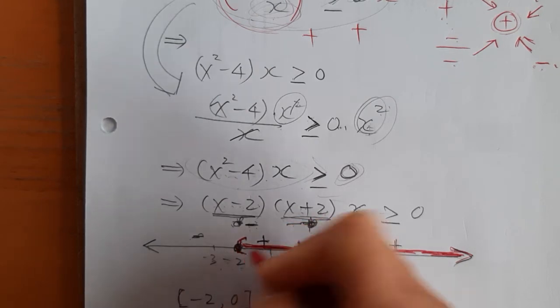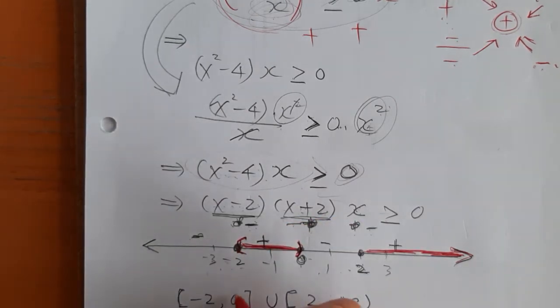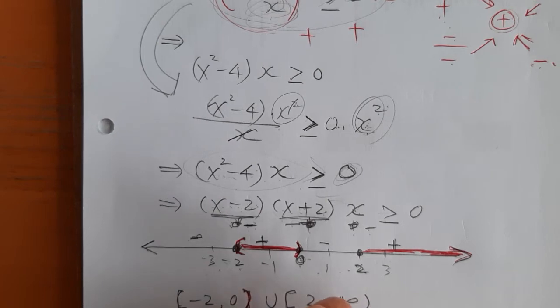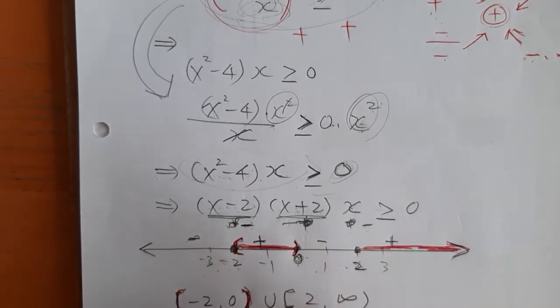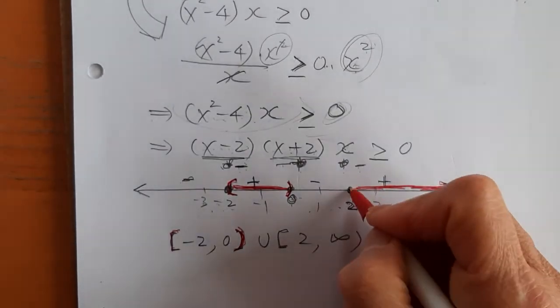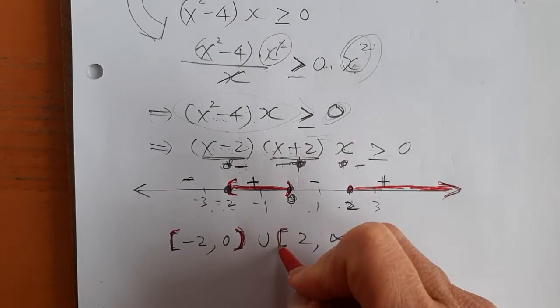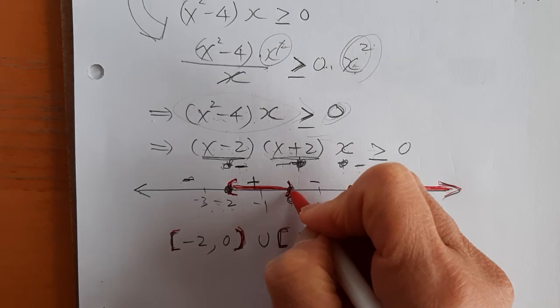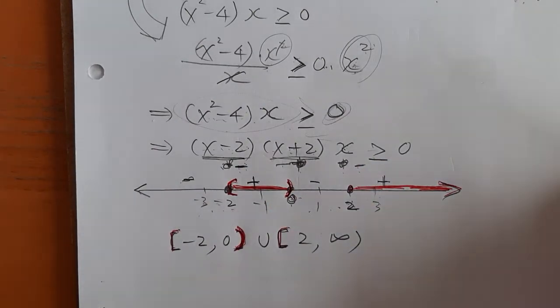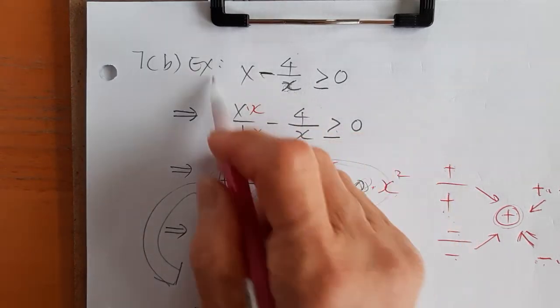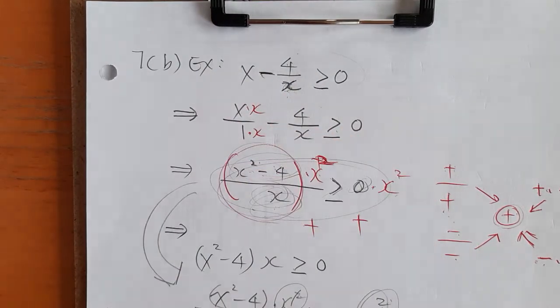So it's not including 0, and at 0 you have to put parentheses. Including negative 2, put a bracket. Including 2, put a bracket. But not including 0, use parentheses, because 0 makes the denominator in the original inequality, 4 over 0, equal to 0, which is undefined.